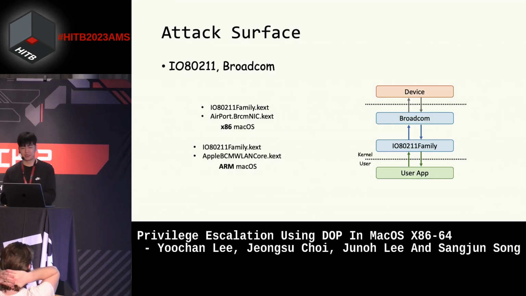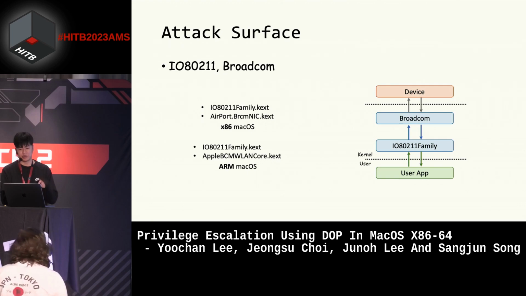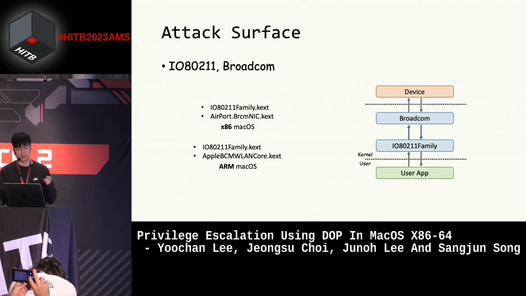The attack surface of our bug is related to the Wi-Fi kernel module, that is, the IO80211 family and the Broadcom kernel extension. The IO80211 family kernel extension communicates with the user application and sends requests to the Broadcom kernel extension, and the Broadcom kernel extension communicates with the device.